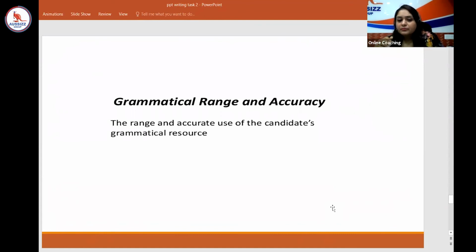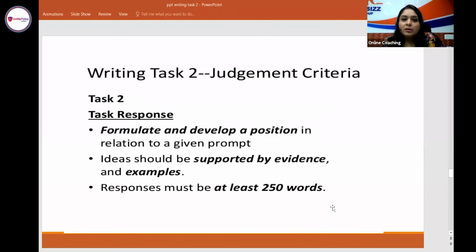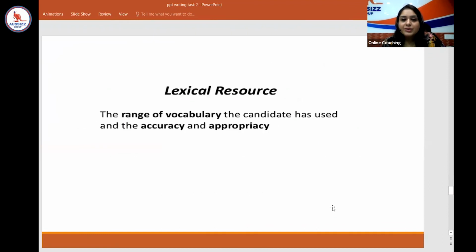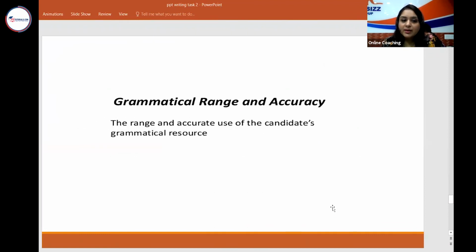That means you are very well in it, right? So these are the four judgment criteria. Number one is task response. Number two is coherence and cohesion, then lexical resource, grammar range and accuracy. So these are the assessment criteria onto which the examiner will give you good bands, and you have to understand this.